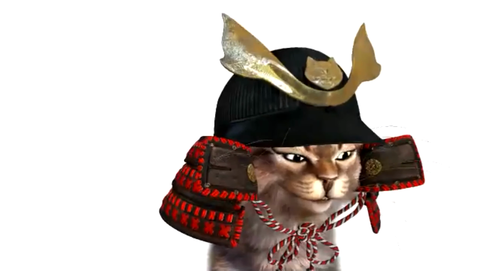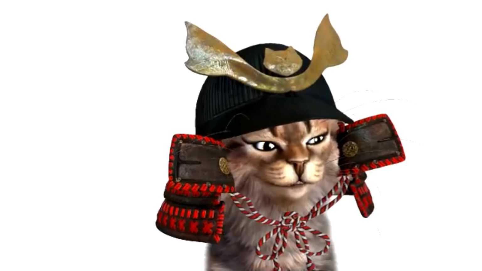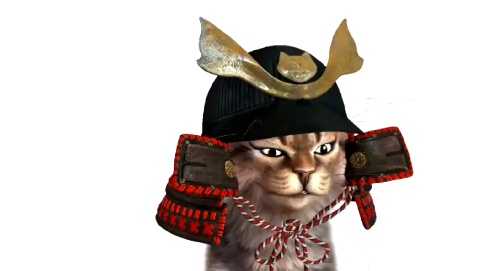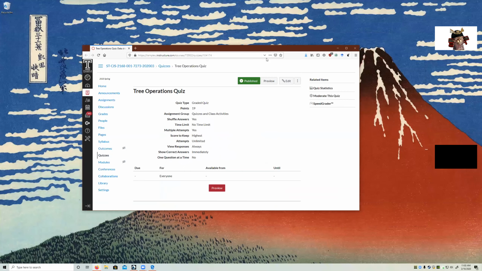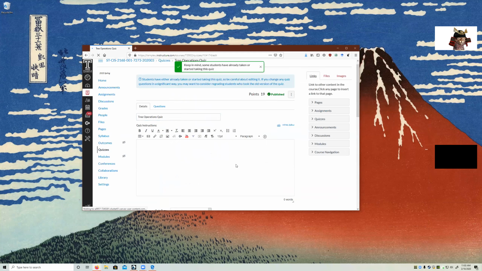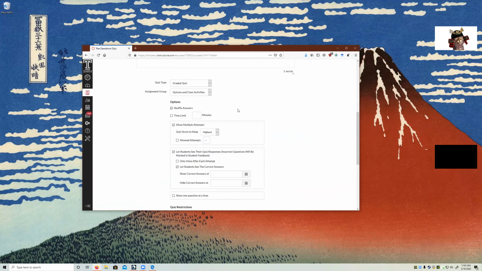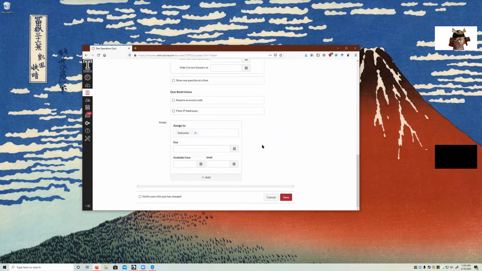Let me share my screen for a second. So for instance, this tree operations quiz. Notice that it has 19 points, multiple attempts, unlimited. On the exam, you're really just going to have one attempt, and you'll also have a specific time limit. Some students have already started taking the quiz because some of you are overachievers.